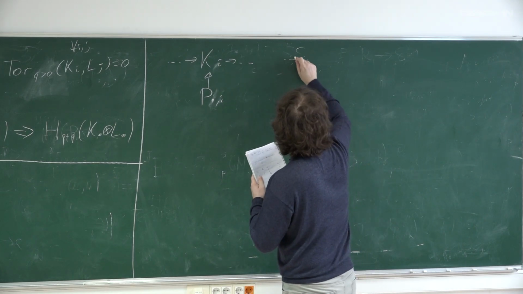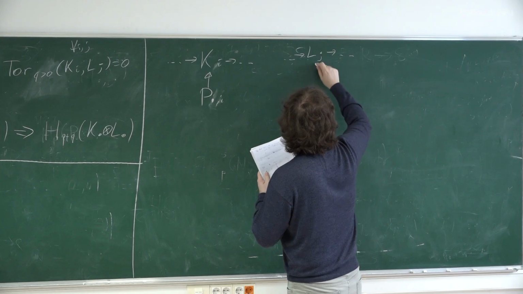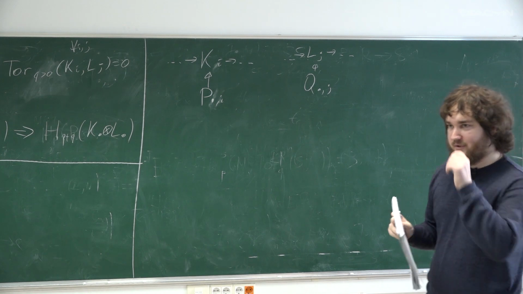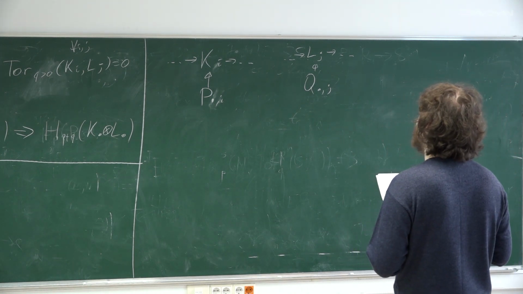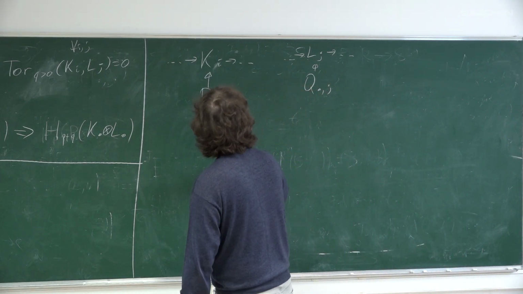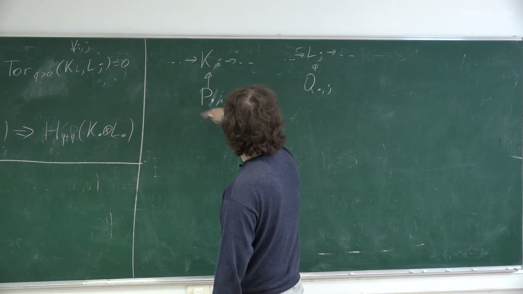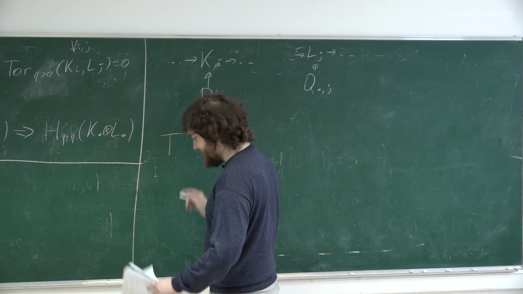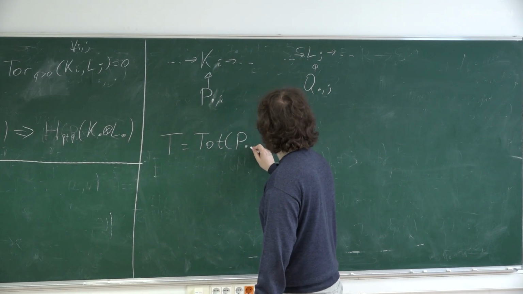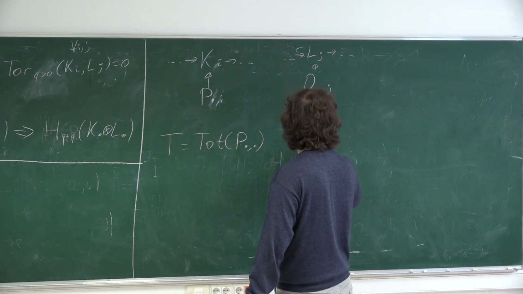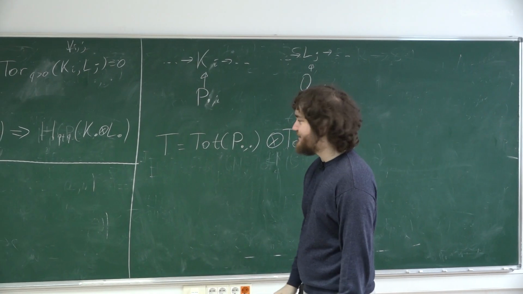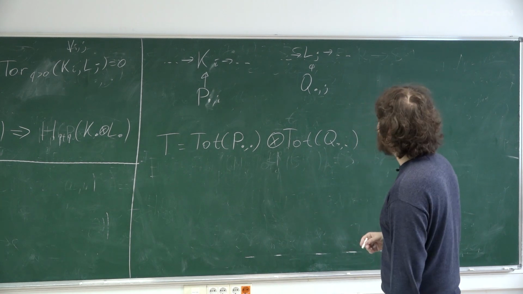And for L, Q_dot J. These are the Cartan-Eilenberg resolutions of chain complexes we constructed before. They are double complexes by definition. So I consider the total complex of one of these, the total complex of another, and I consider its standard tensor product. It's a double complex.